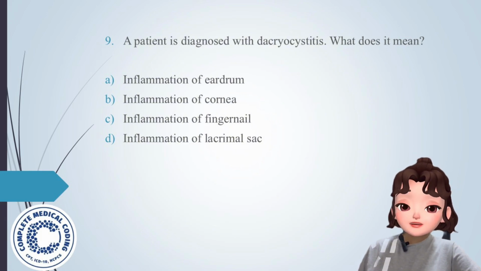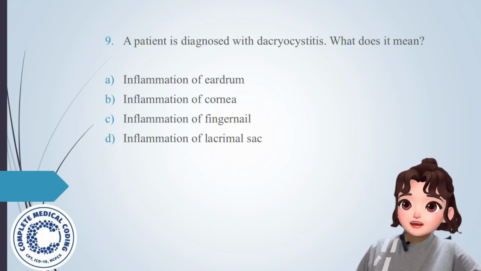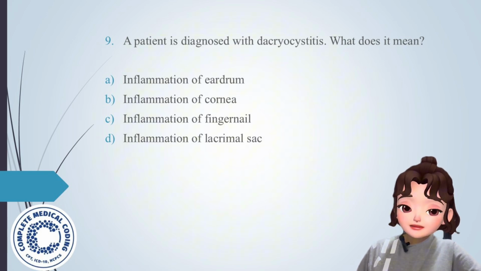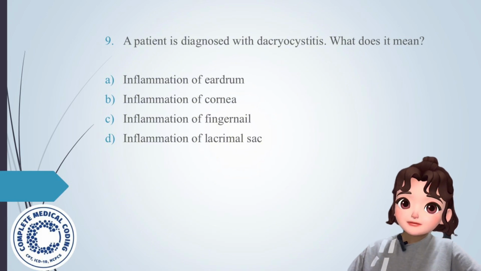So what does dacryocystitis mean? It means inflammation of the lacrimal sac. Anyway, in all the options, it is inflammation only. Inflammation of eardrum, inflammation of cornea, inflammation of fingernail, inflammation of lacrimal sac. Here the answer is option D. Dacryocystitis represents inflammation of lacrimal sac.